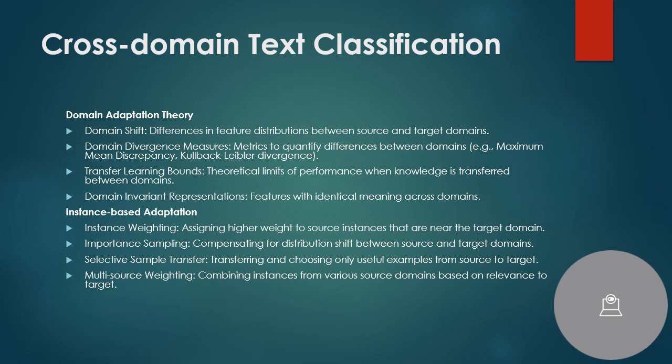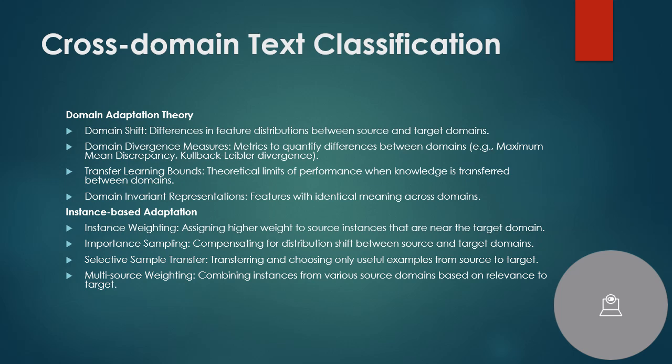Cross-domain text classification. In real-world scenarios, labeled data is often scarce in the target domain, while transferring knowledge from a source domain can be very beneficial. However, differences in feature distributions, also known as domain shift, pose certain challenges.